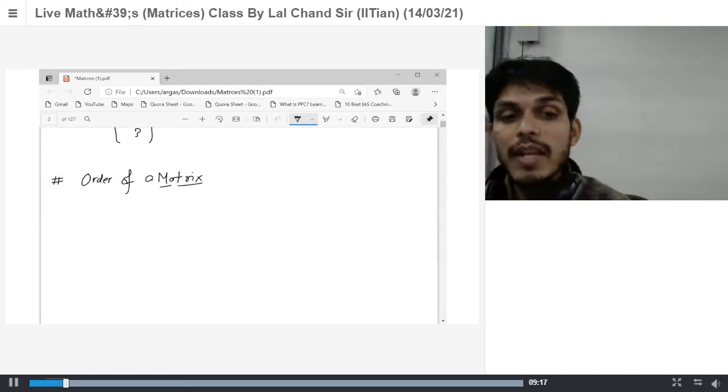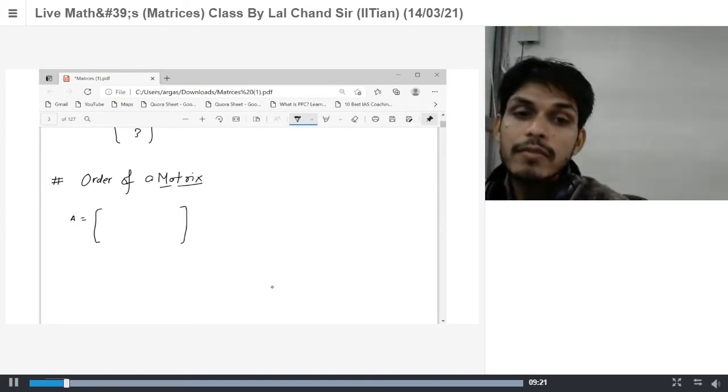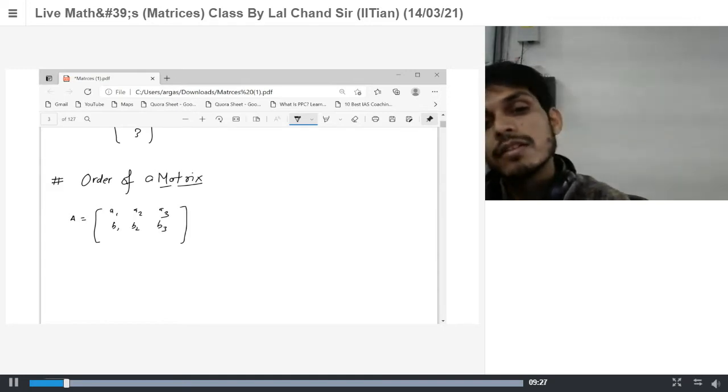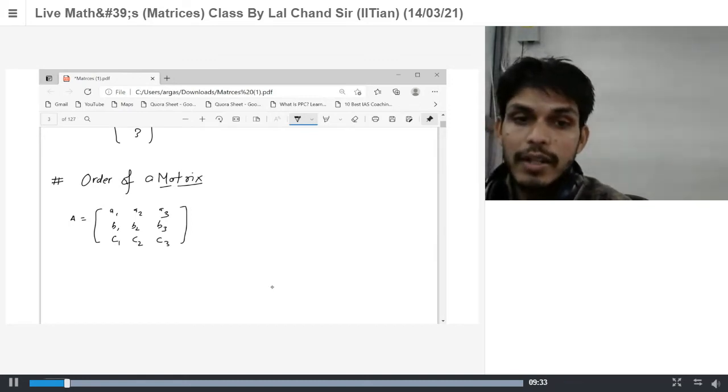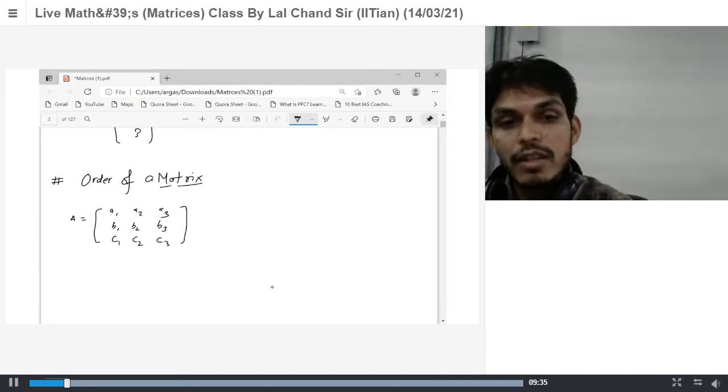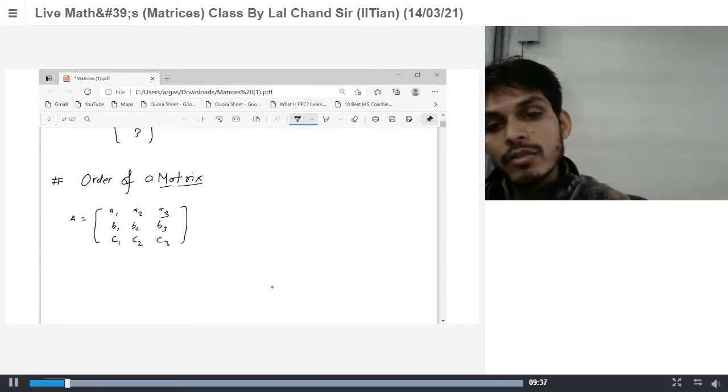Let us suppose we have a matrix: A1, A2, A3, B1, B2, B3, C1, C2, C3. Because we have 3 rows and 3 columns, the order of the matrix will be 3 cross 3. So this is basically the order.